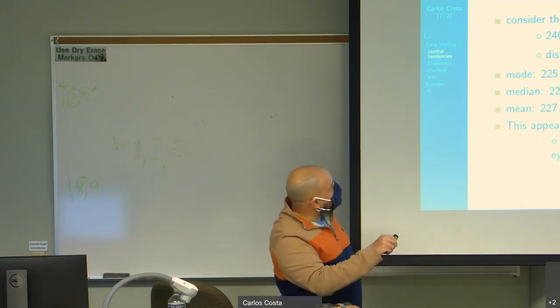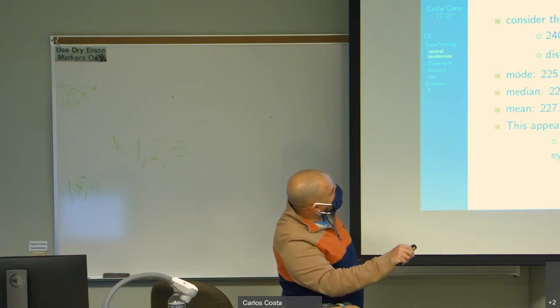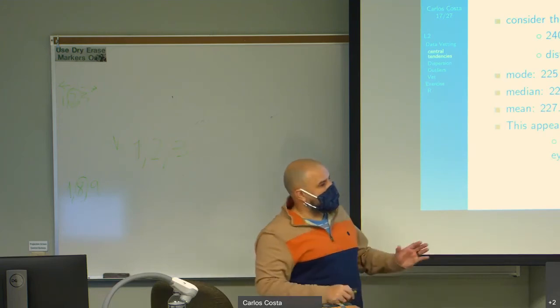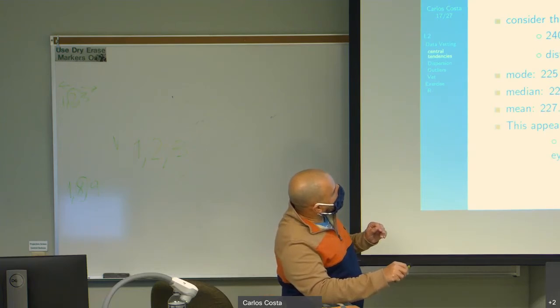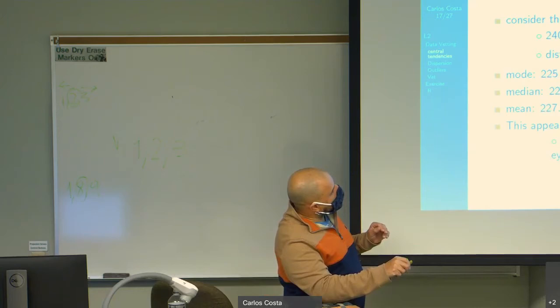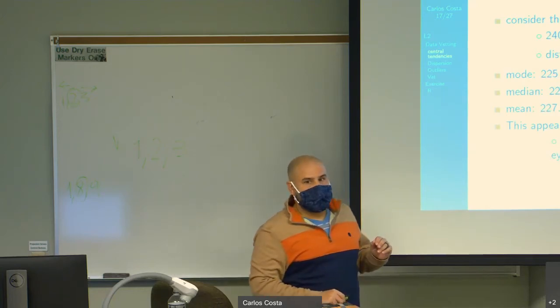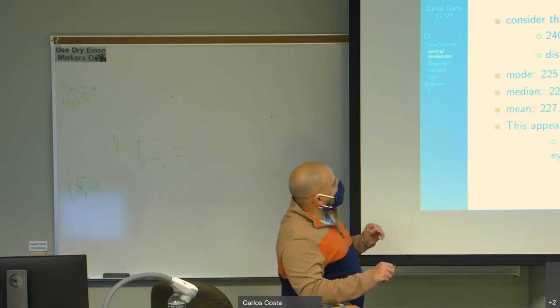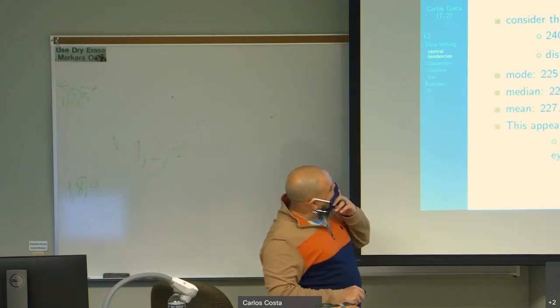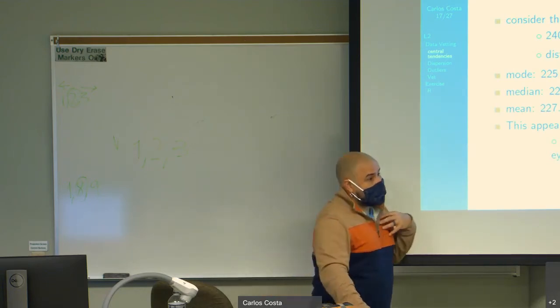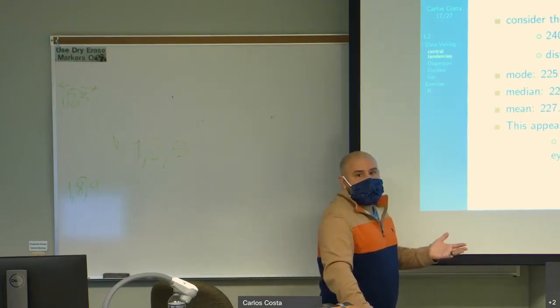The mode is 225, shows up 3 times. 1, 2, 3. So that's the mode, 225. Median, that's 225 right here. This one. 1, 2, 3 numbers to the left of it, 1, 2, 3 numbers to the right of it. Mean is 227.3. So, to me, this looks like a pretty good, well-converged data set.